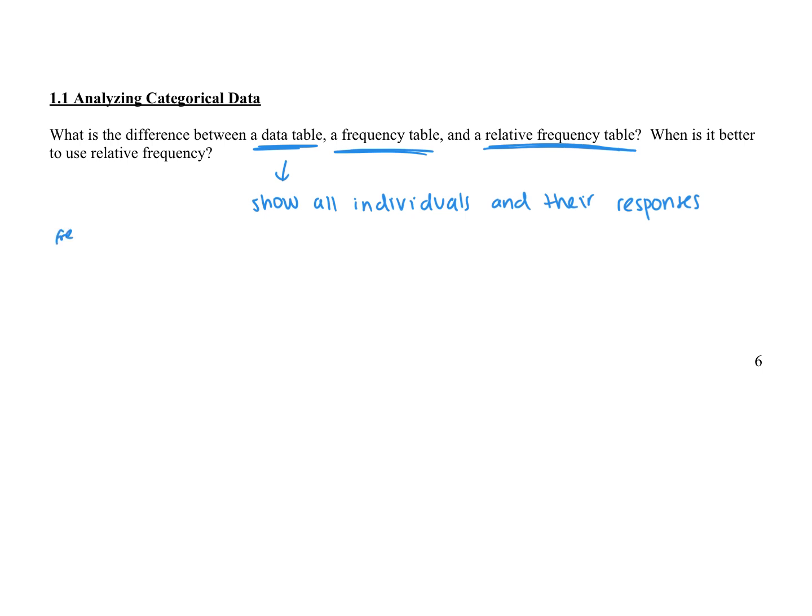Okay, a frequency table shows each category and the number of individuals in that category.